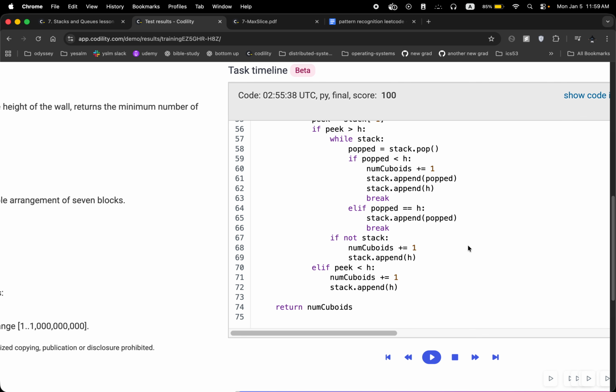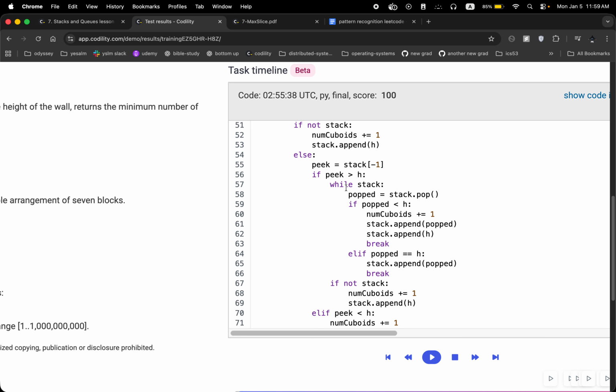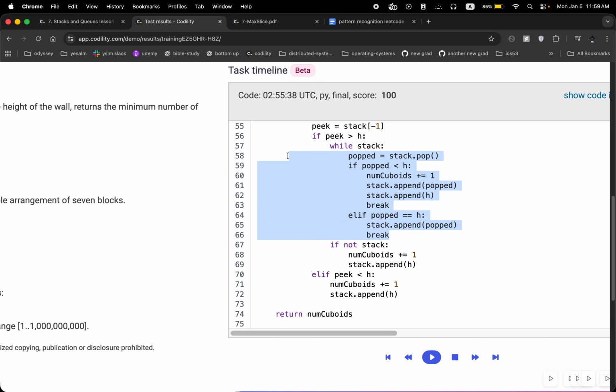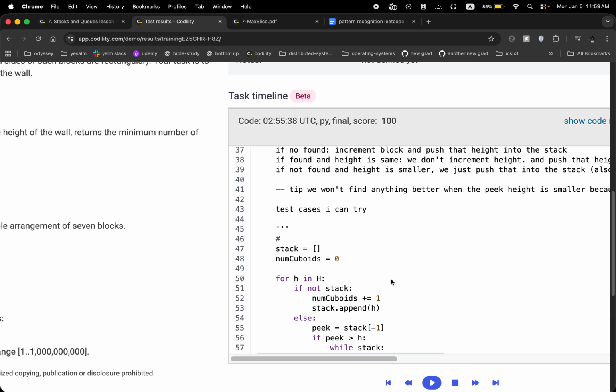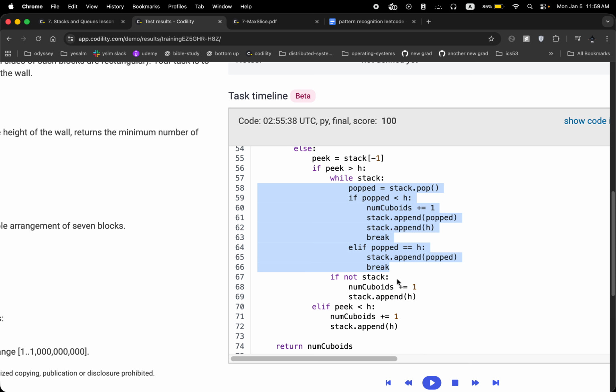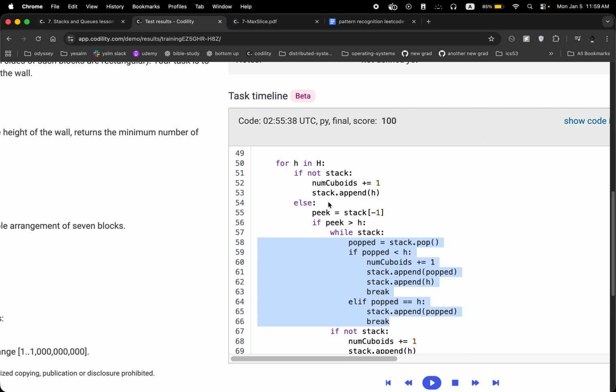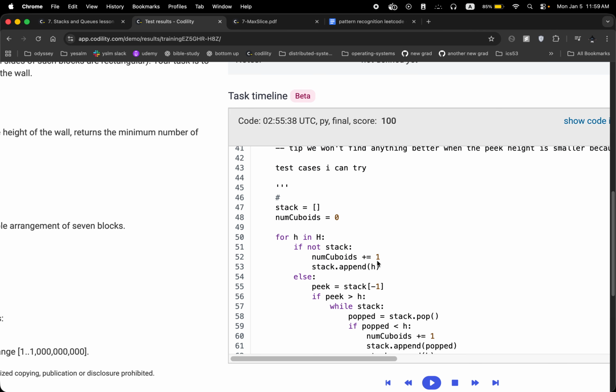Let's see. I think we can definitely simplify these conditions. Can we simplify it? So we can definitely simplify this so that it's not an if else, so that I don't have to check if the stack is empty every time. But can the stack be empty at any given time?